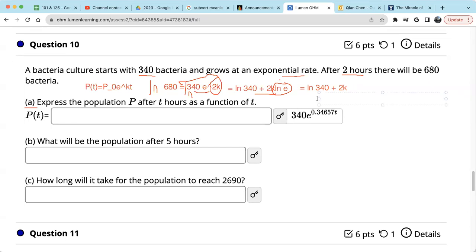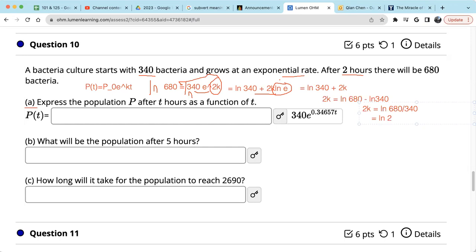So we move ln 340 to the other side. 2k equals ln 680 minus ln 340. Now, when we have subtraction of two logs, we can combine them into one log with a quotient. So 2k equals ln of 680 divided by 340.